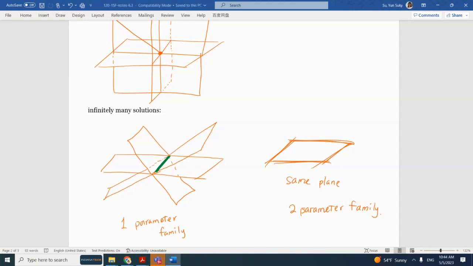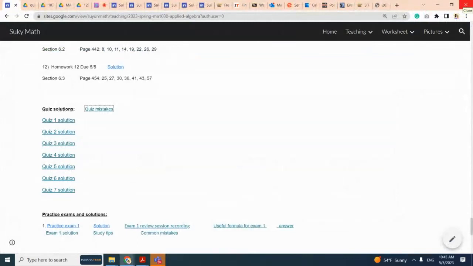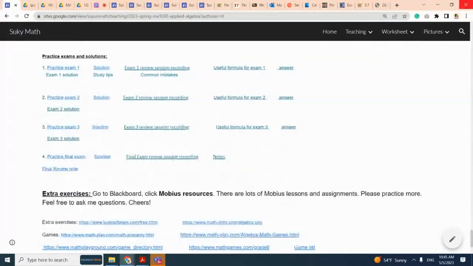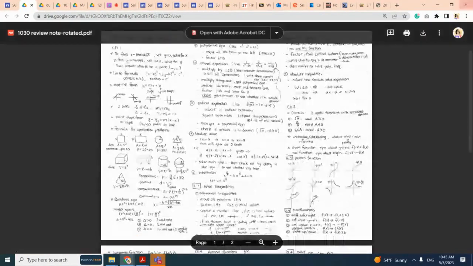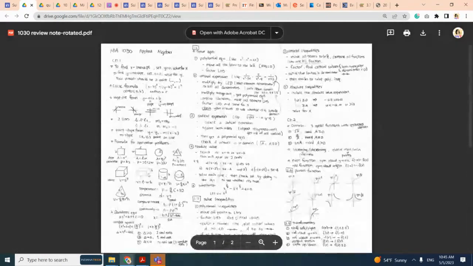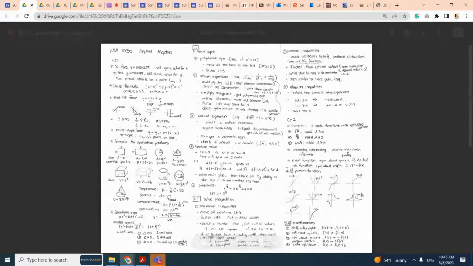So right now, I would like to maybe have a little review. Do you see down here it says final review notes? I write everything on those 2 pages. So it has everything we learned in this course.